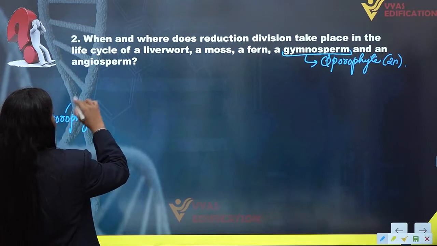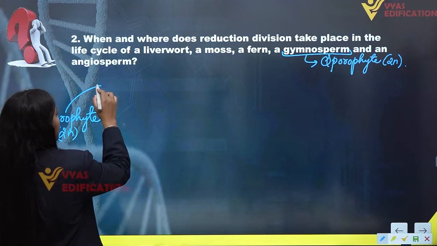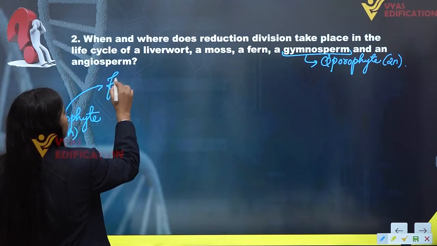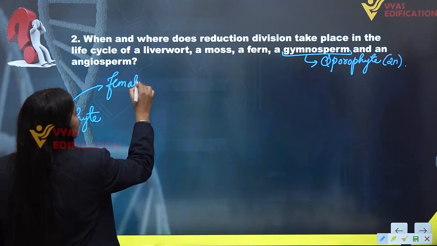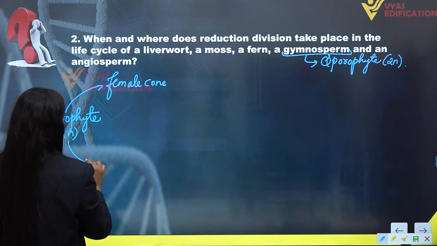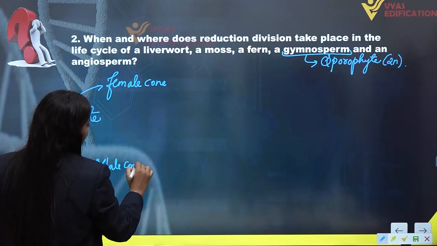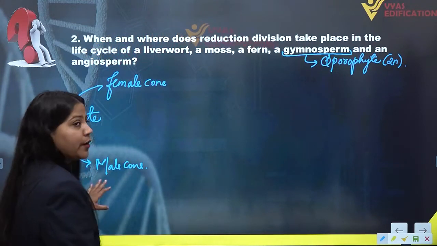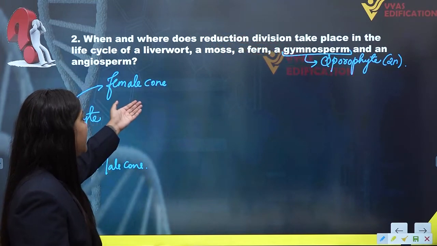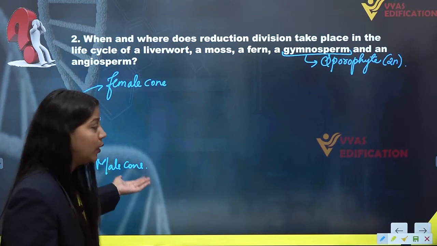The sporophyte, which is 2n, of course diploid in nature, contains a female cone as well as a male cone. Female cone is also known as seed cone and male cone is also known as pollen cone.